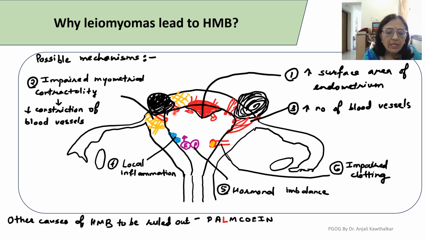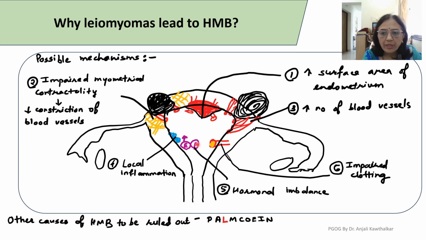Fourth, the presence of leiomyoma increases the cytokines, and the local inflammatory reaction is greater over the endometrium, which increases the bleeding. Fifth, there is a hormonal imbalance. There is hyperestrogenism. Estrogen-progesterone balance is not present, and that also adds to the heavy menstrual bleeding.